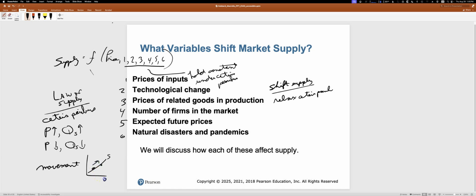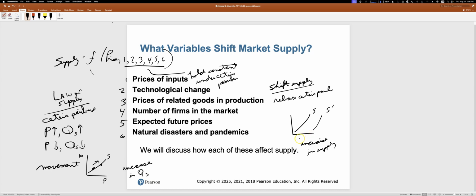Over here, now essentially what we're going to be saying is that the entire curve shifts. So this is an increase in quantity supplied. This is an increase in supply. Very different things. Increase in quantity supplied is a movement along the curve. Increase in supply is a shift of the curve.